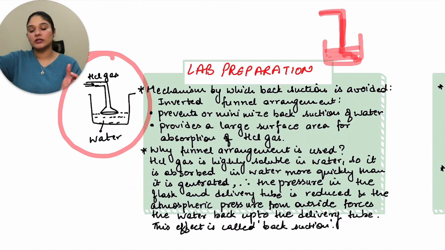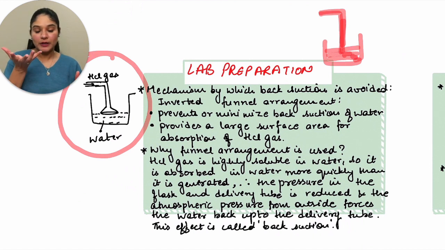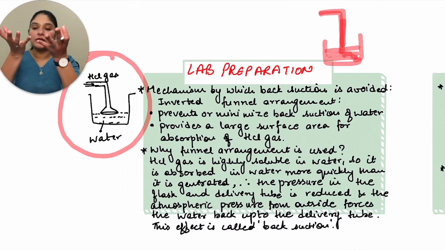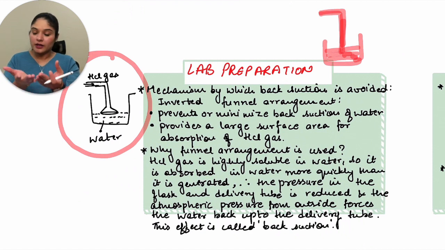Water will reach the flask before it, and that may cause an explosion, because you have hot contents before that and your water reaches there. That is the reason we use a round bottomed flask. It increases the surface area for solubility of water in it, and even if water rises up into the funnel, it has a large surface area, so eventually it will drop the water back in. It won't let back suction happen.